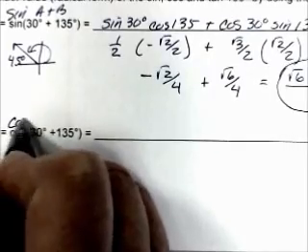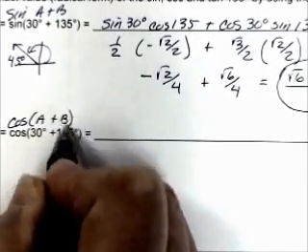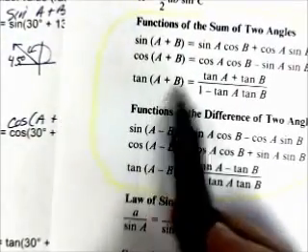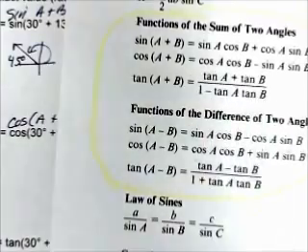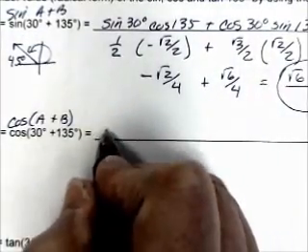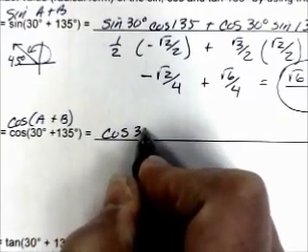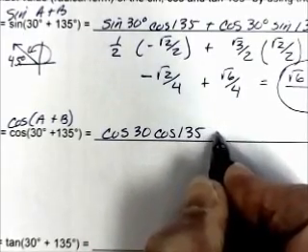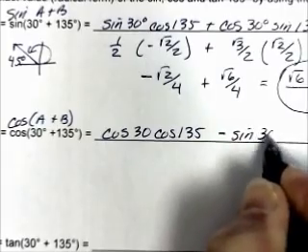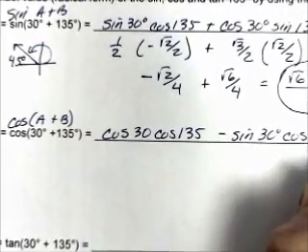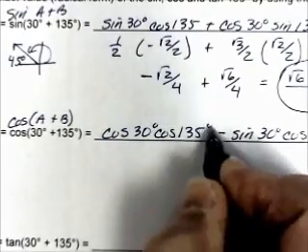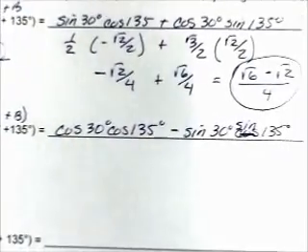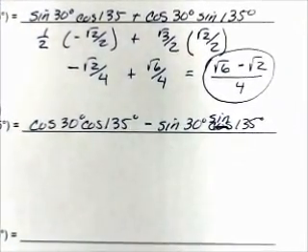So this is the cosine of A plus B. And looking at the formula, the cosine of A plus B is equal to cosine A cosine B minus sine A sine B. So this would be cosine 30 times the cosine of 135 minus the sine of 30 times the sine of 135. Sorry, cosine of 30 degrees.